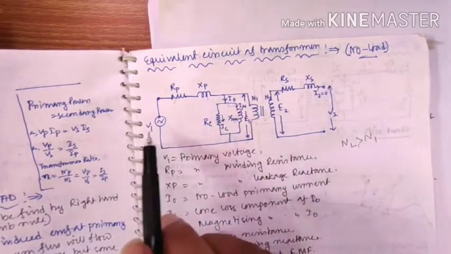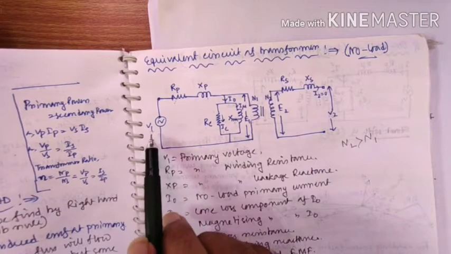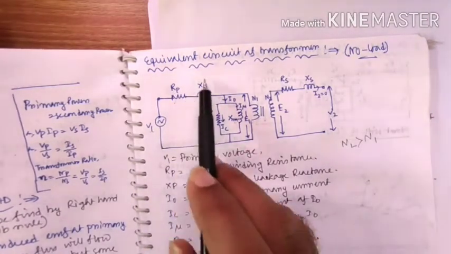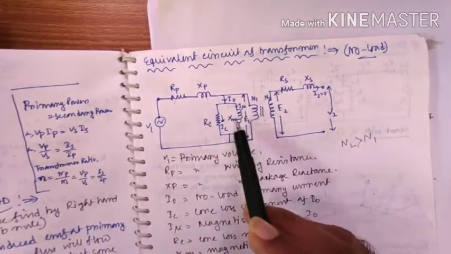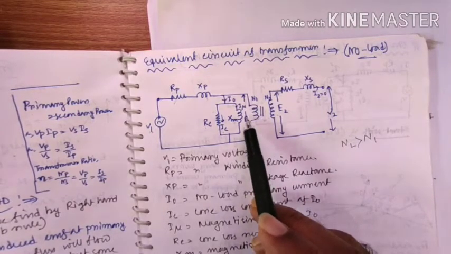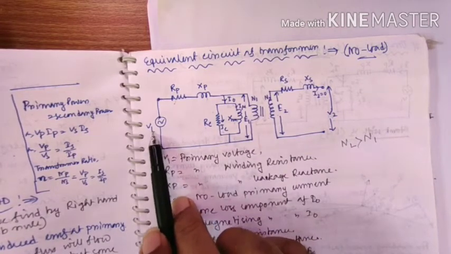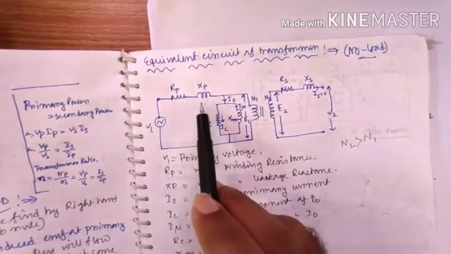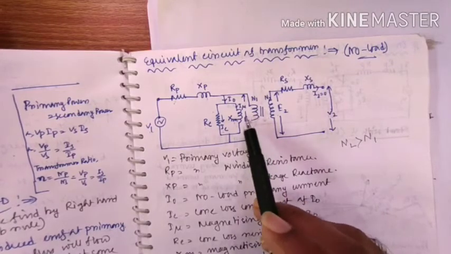Now, everything happens due to V1. So V1 is equal to voltage drop across RP, voltage drop across XP, and induced voltage of E1. And we need to remember the direction of E1 is opposite of V1. So that means V1 is equal to voltage drop across RP plus voltage drop across XP minus E1.